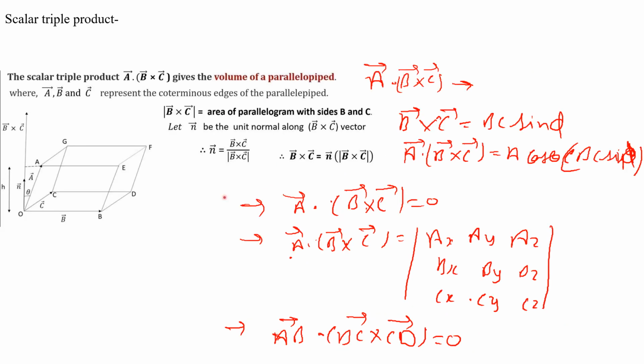Now we discuss the scalar triple product. Here we see A vector dot B vector cross C vector. It is a scalar, and so it is a scalar triple product. From the diagram, in which we see a cos theta, this is the figure.